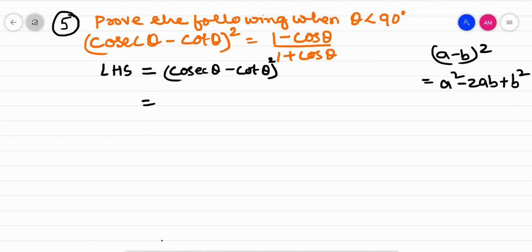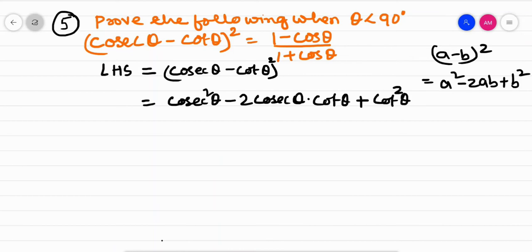Now see, this will become cosec square theta minus 2 into cosec theta into cot theta plus cot square theta. Okay? Now cot square theta can be written in the form of cosec square theta minus 1, because you know that 1 plus cot square theta is equal to cosec square theta.